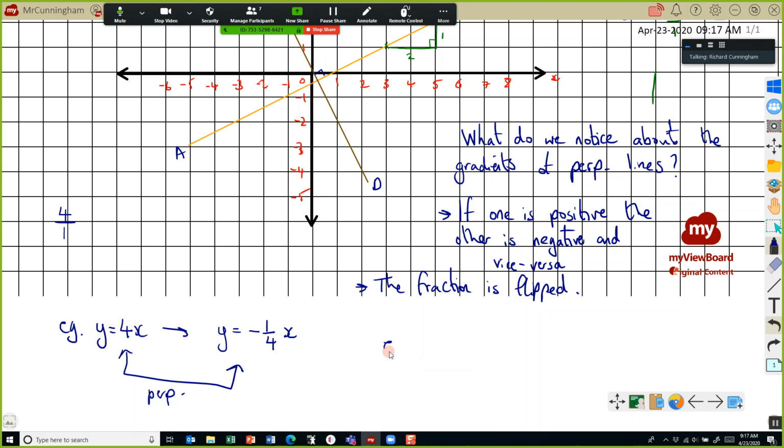Okay, what about if I have an equation y equals negative 3 over 2 x? What would be a line that is perpendicular to that? Could you give me an answer for that one?